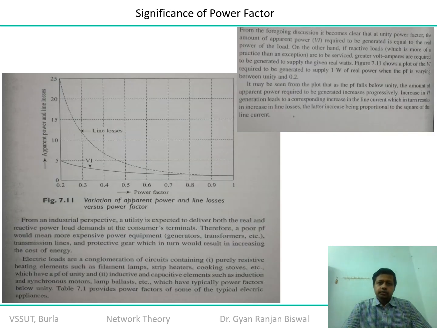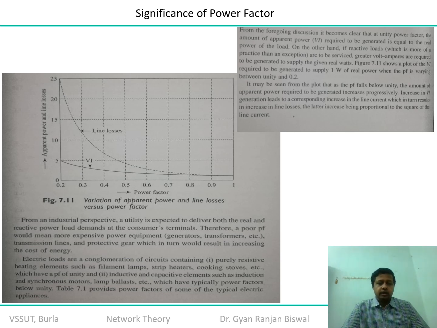As shown in this particular figure, it's a very interesting and very important characteristic. It shows the variations of the apparent power and the line losses with respect to the power factor.